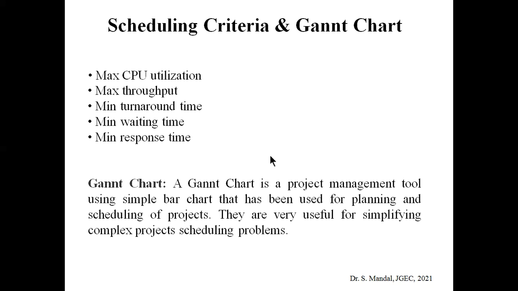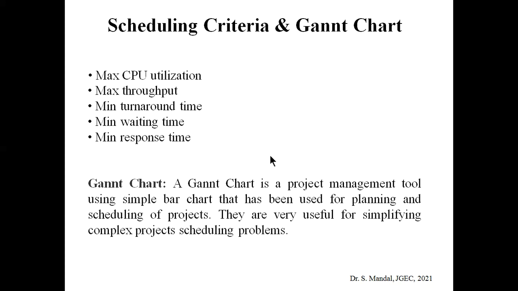Now, CPU scheduling criteria. Whenever we want to propose a particular scheduling algorithm, we should keep in mind that we should always try to maximize the CPU utilization. That means a CPU should always be maximally utilized. Okay, and maximum throughput.